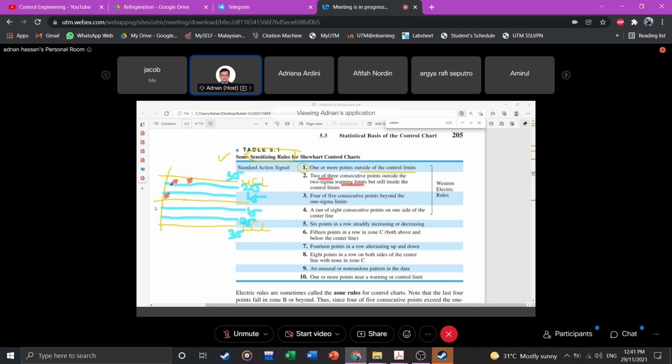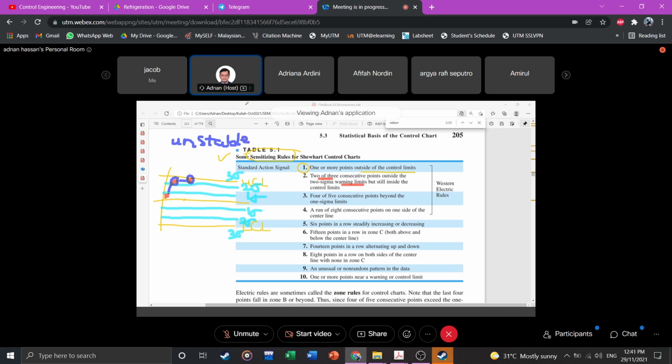So 2 points outside. When you connect here, you have this line, this line. So out of 3, 2 points outside the 2 sigma. So this also shows that the process is unstable.